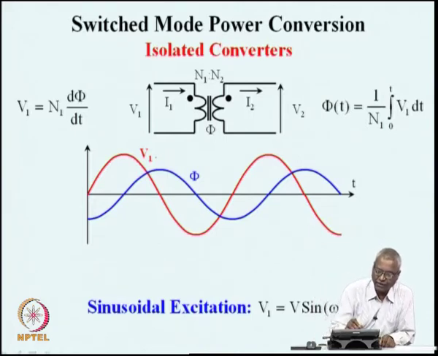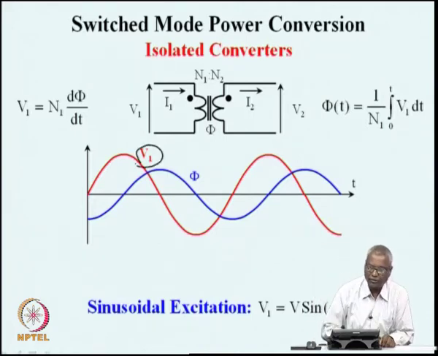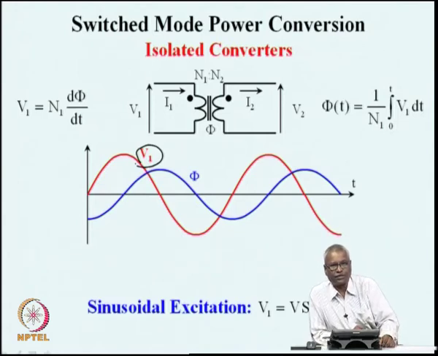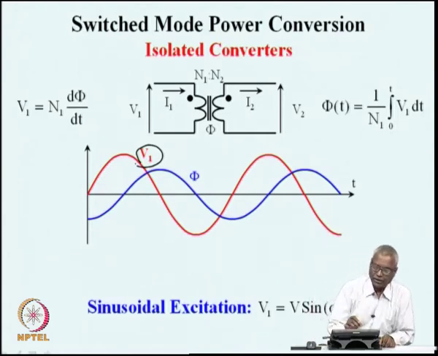For example, if I excite it with a primary voltage V1, which is a sinusoidal voltage, the sinusoidal voltage integrated is the flux which you see here, or the differentiation of this phi will give you V1.